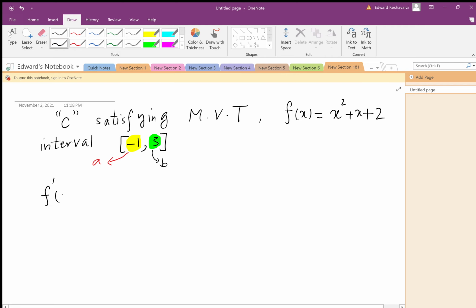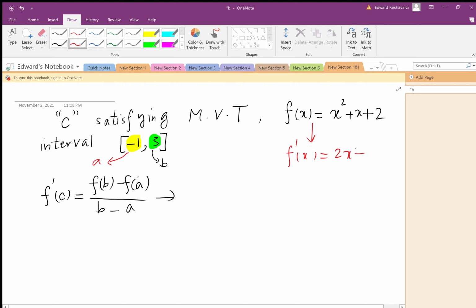So I'm going to write the formula of the mean value theorem. So f prime c, so we need the derivative, therefore I'm going to take the derivative here. So it becomes 2x plus 1. So therefore f prime at c is 2c plus 1 equals f of 3 minus f of -1 over 3 minus -1.